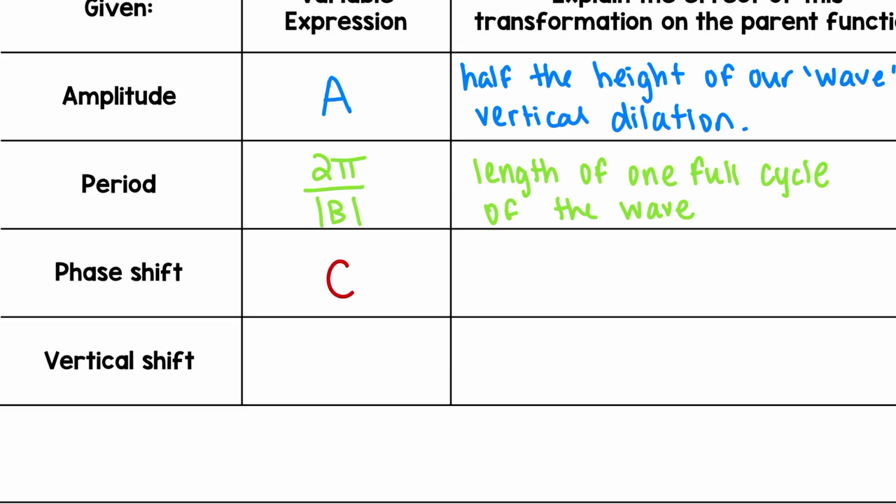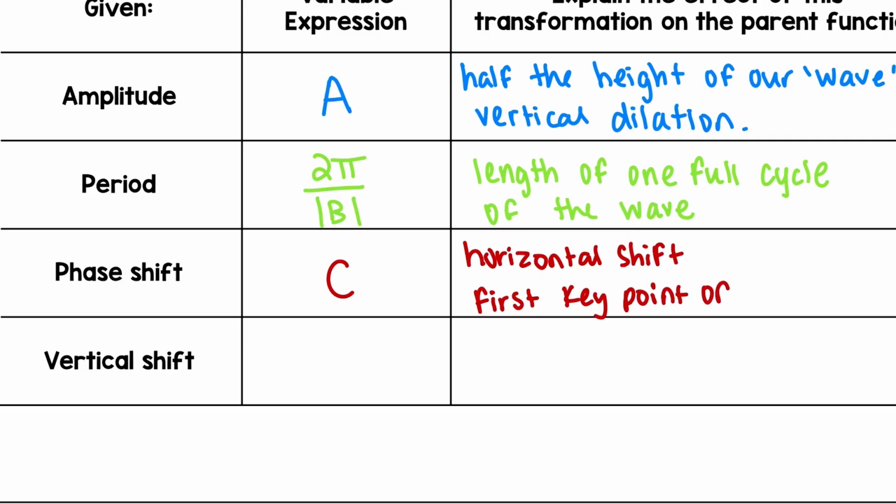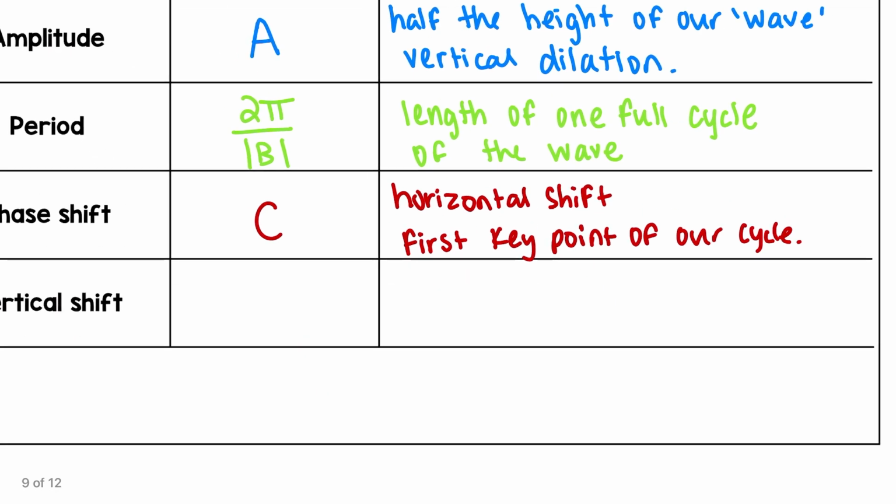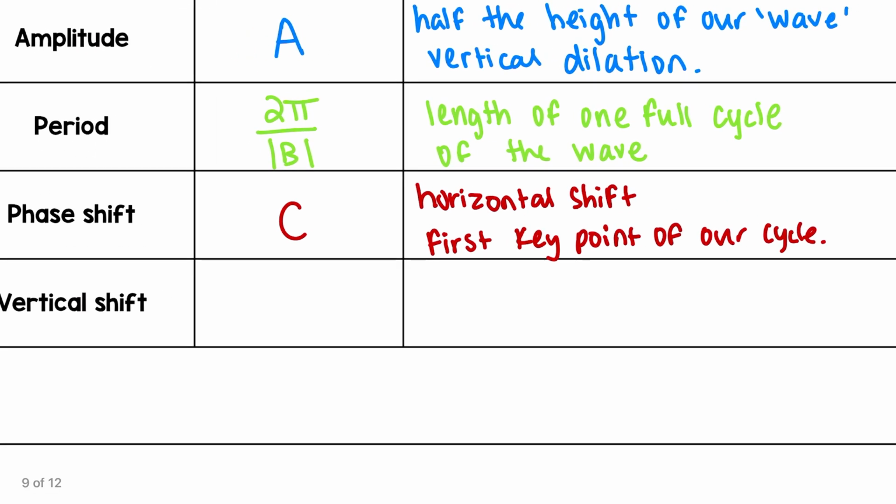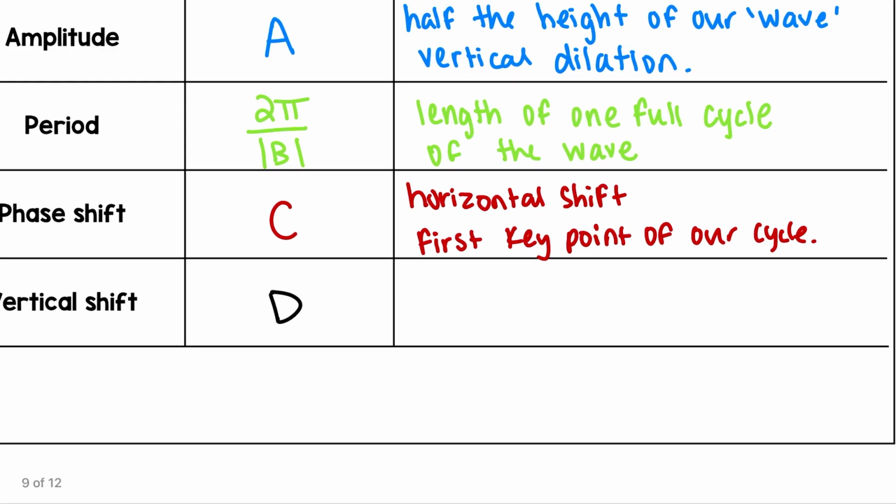So this is our horizontal shift, and it's our first key point of our cycle. Okay, cool. And then finally we have our vertical shift, which is just our plus or minus d at the end, and that's our midline.